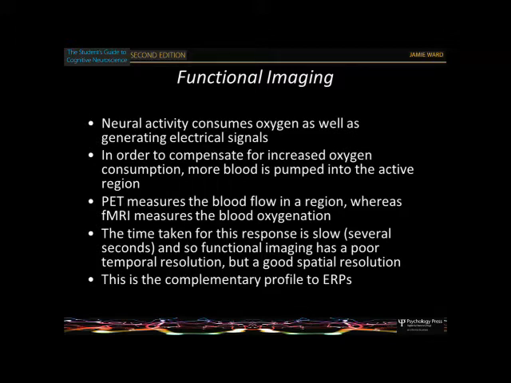And then you literally dilate the blood vessels around those neurons in order to pump more blood into them. So you've got two things happening: an initial use of oxygen from the blood, and then more blood being physically pumped in there.